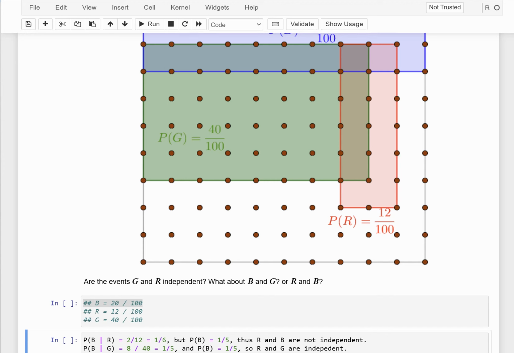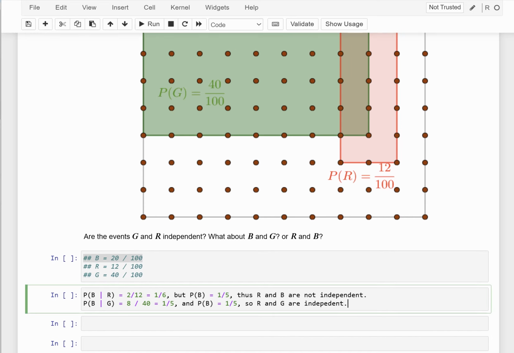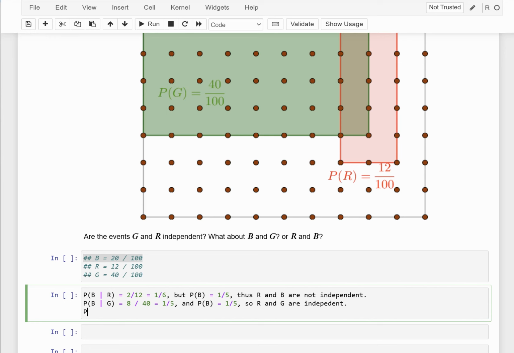Right. And then what about, let's see, we did blue and red. What about green and red? We can do green and red. Probability of red given that green has already occurred. Actually, let's do it the other way.